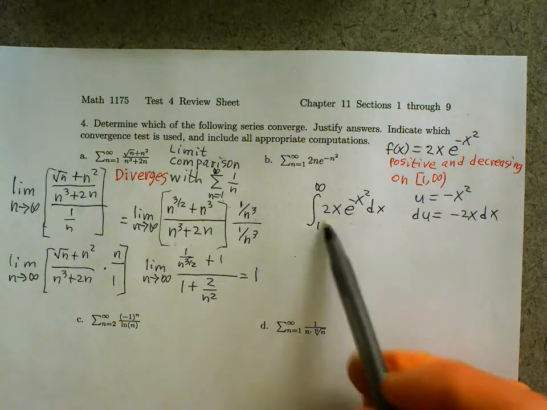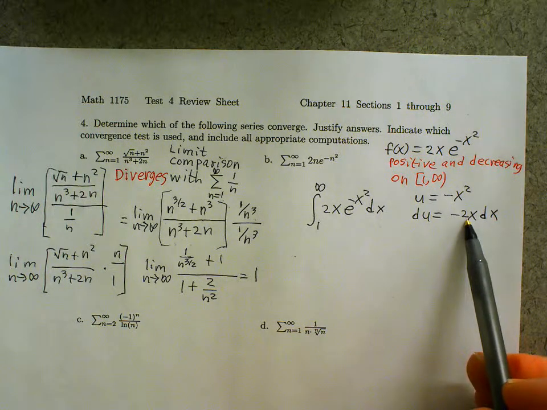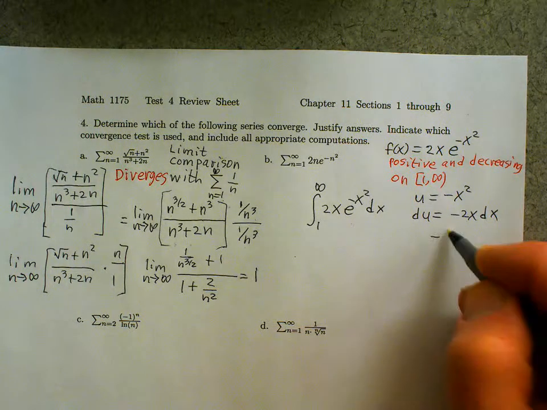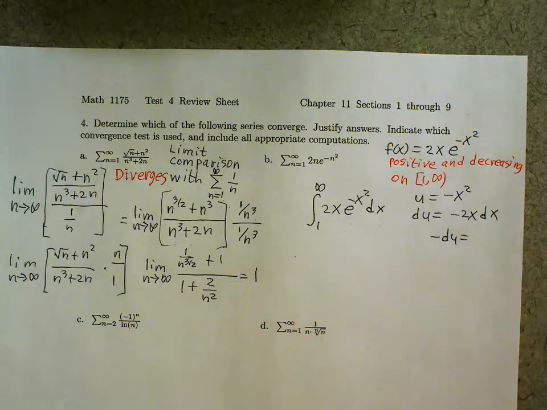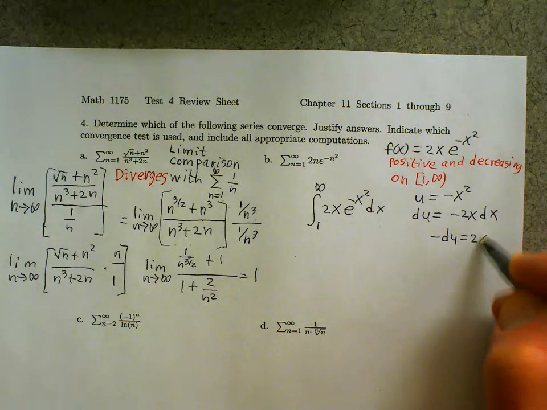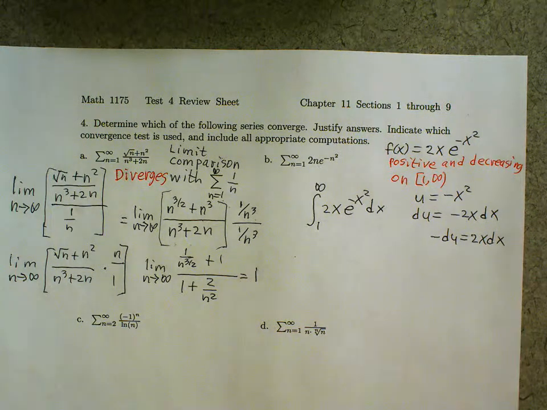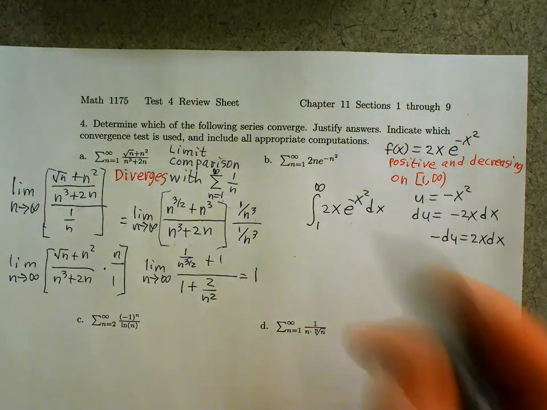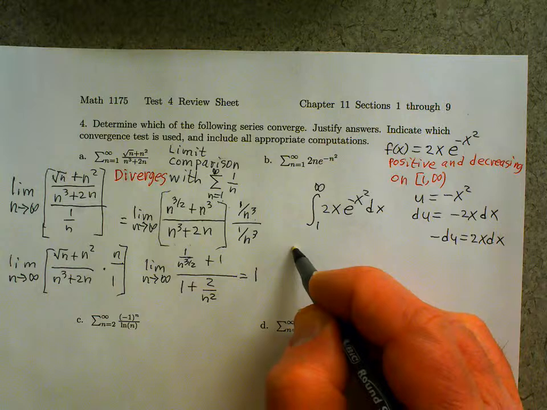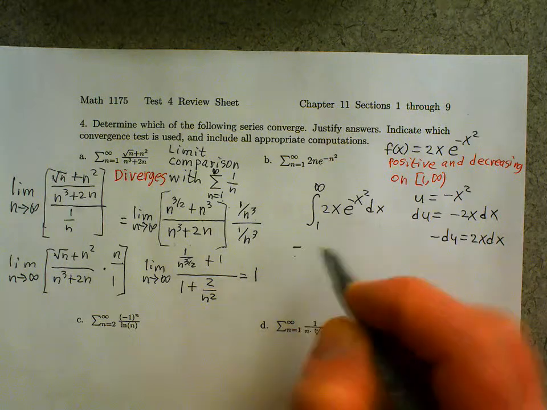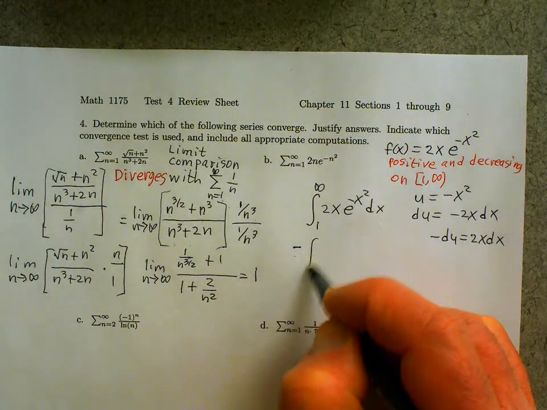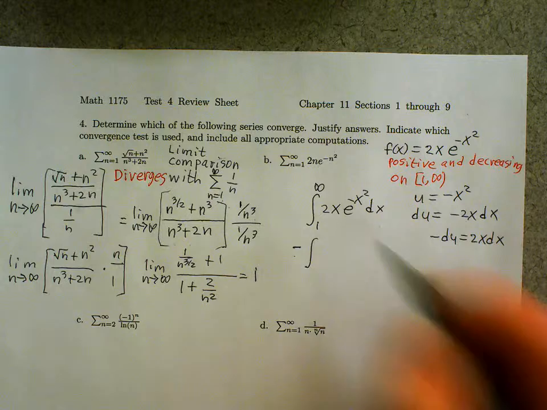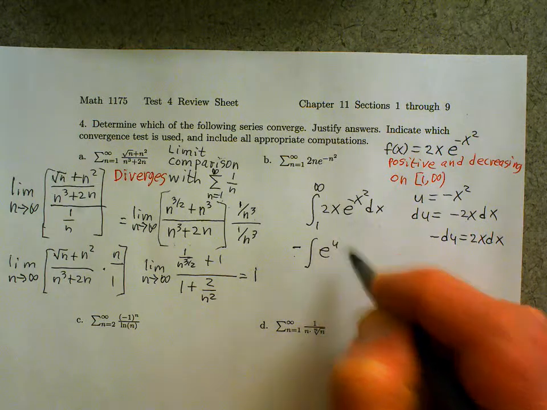We see the 2x dx, we just are missing a negative sign, so negative du is our 2x dx. When we make substitutions, I'll put the negative sign out front, and we have e to the u du.